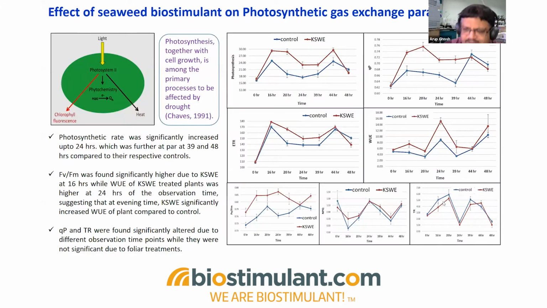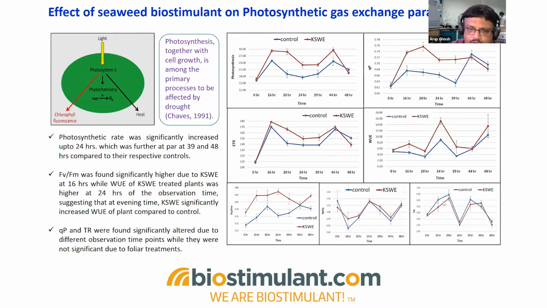Now, physiological studies were also done using these seaweed biostimulants, and you can see two lines. One is a red line and one is a blue line. The blue line is the control, and the red line is Kappaphycus seaweed extract. When these were applied to maize plants, we found increased photosynthesis with this Kappaphycus seaweed biostimulant.